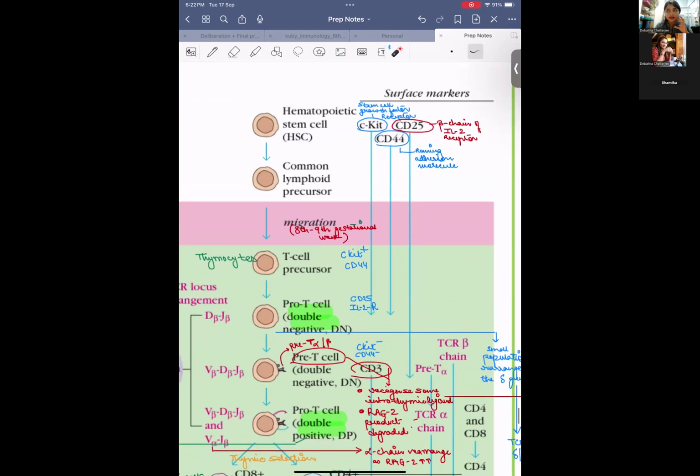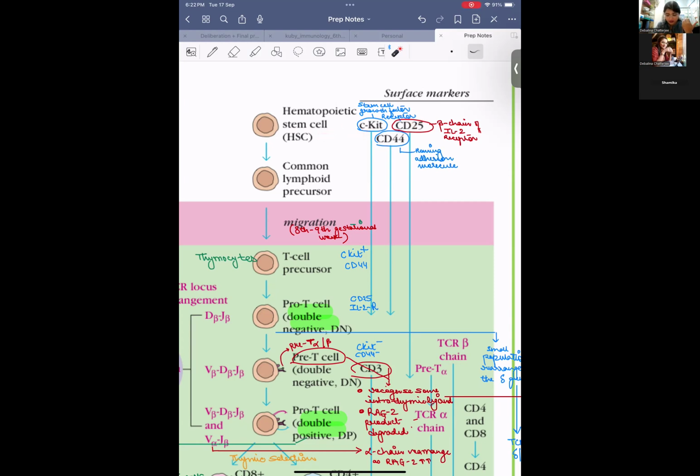Now, there are certain markers specific to every cell that we talk about. It's like an ID card for all the cells. If a cell has all these three markers, we classify it as a hematopoietic stem cell.